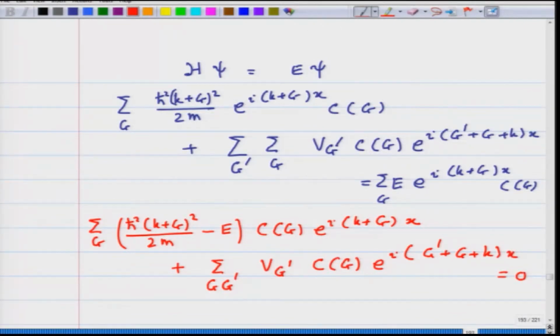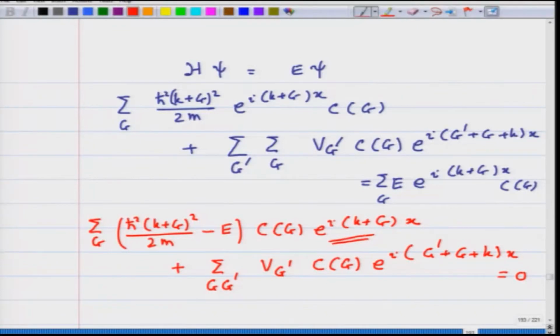Let us now equate the coefficients corresponding to each e^{i(k+g)x} on both sides.